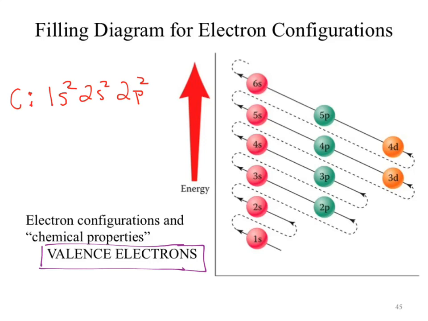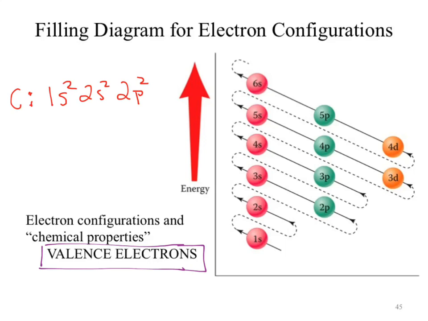Valence electrons is referring to our highest energy electrons. Why might we look at the highest energy electrons? Where are our highest energy electrons relative to the nucleus? They're furthest away. Why might that be important?